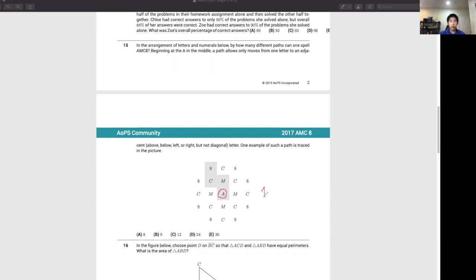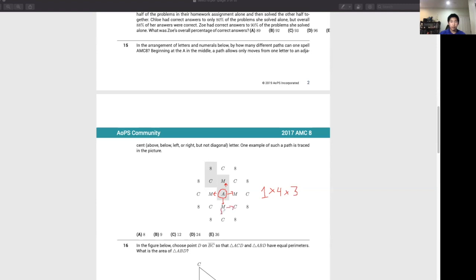So we only have one choice for our starting point, the A, and then we have 4 choices for the M. We can go in any of these directions. So we multiply by 4. Next we have to pick a C, and you can notice that from any of the M's there are exactly 3 choices of C's. So we do 1 times 4 times 3.